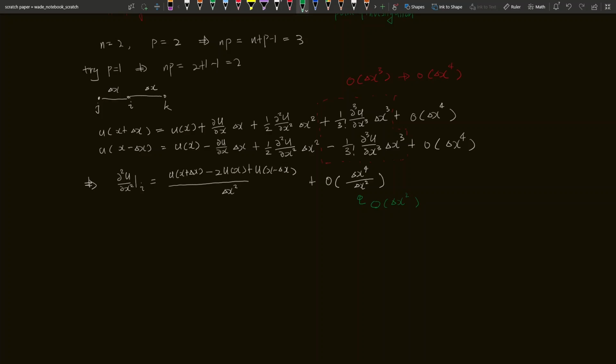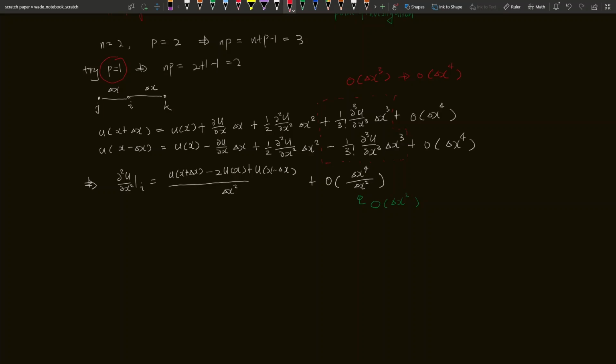However, our originally designed order of accuracy is 1, the first order. So it's 1 order higher than our design. Why? It's because the cubic term is automatically cancelled in the Taylor series expansion. This is a special case.